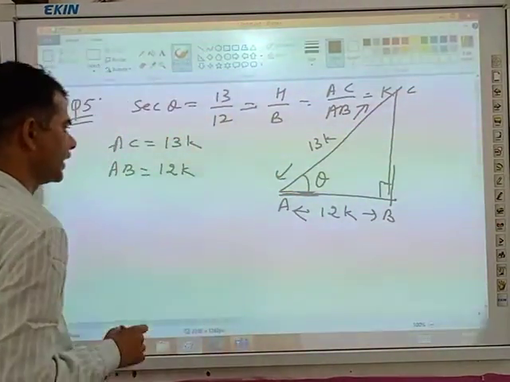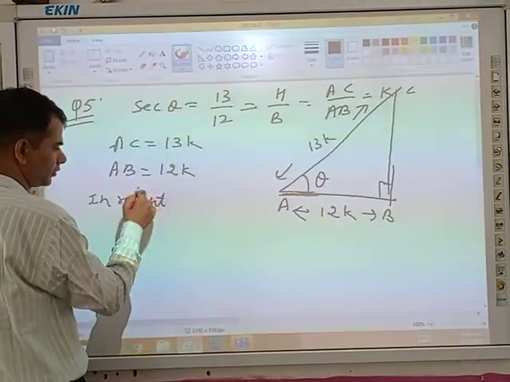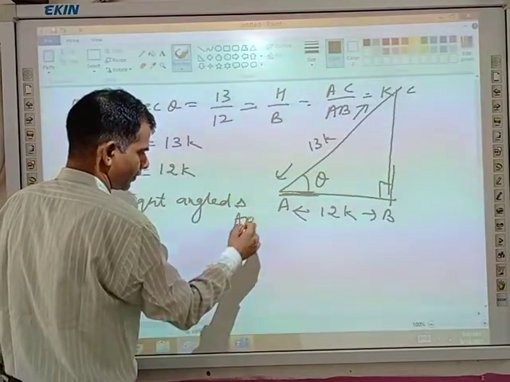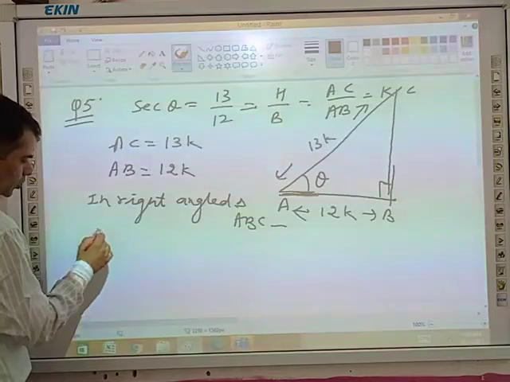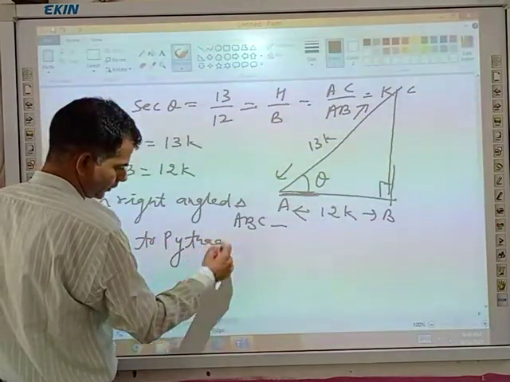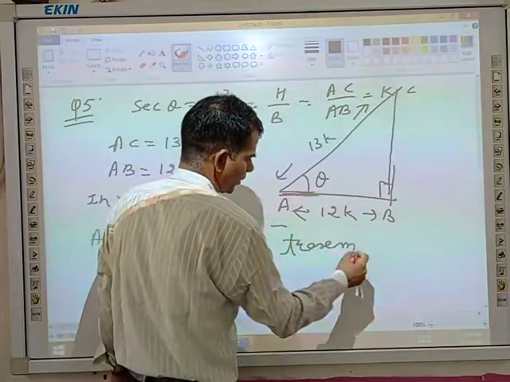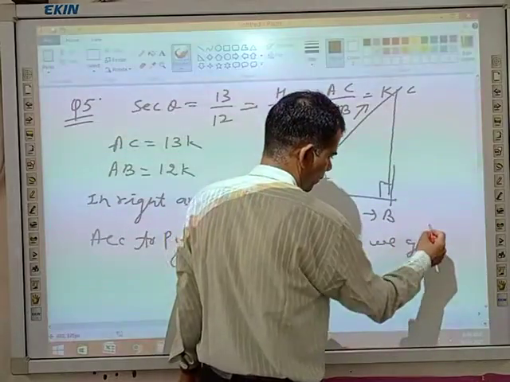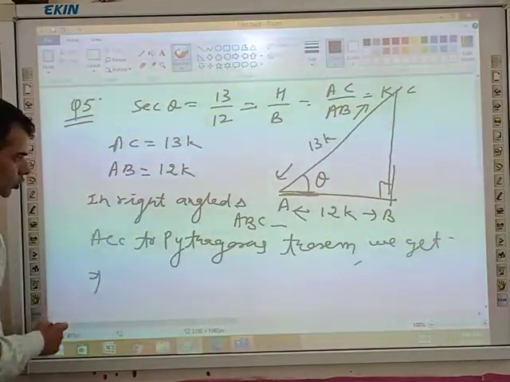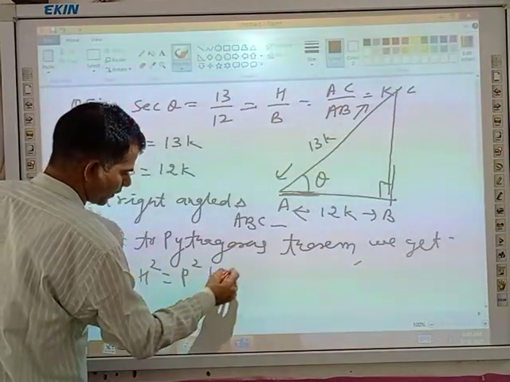Now we have to find out BC. In right angle triangle ABC, according to Pythagoras theorem, hypotenuse square equals perpendicular square plus base square.